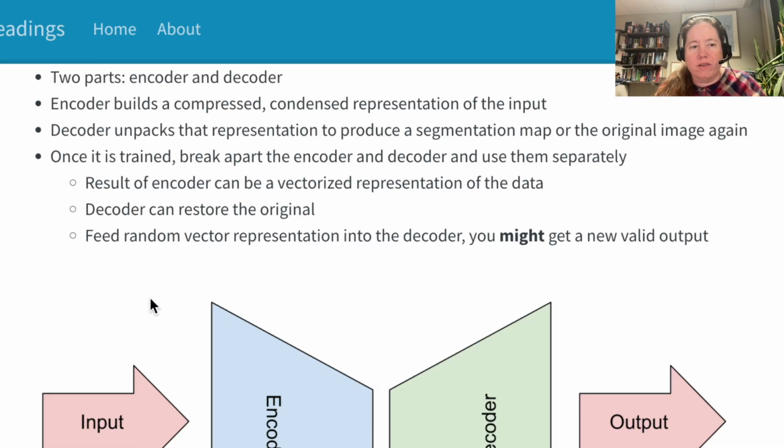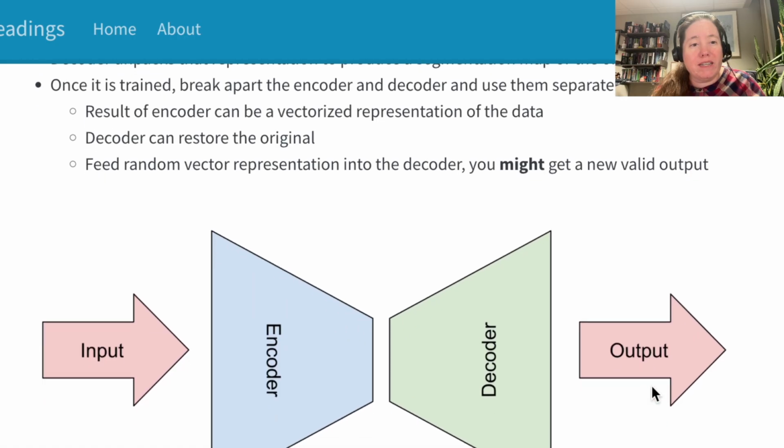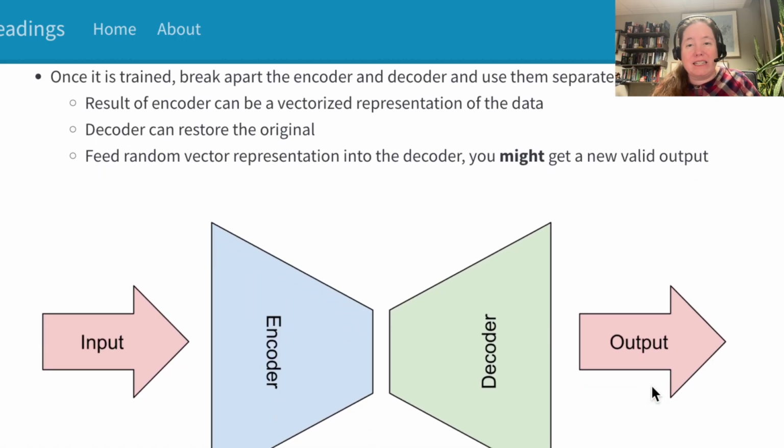Why train a model to take in an image, do some things to it, and then produce that same image as output? The reason that's an interesting task is the way that I've drawn this. There's this shrinking down in the middle, if we have a successful model that can generate the same image on the output as the input image was.